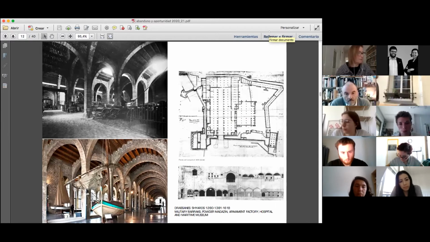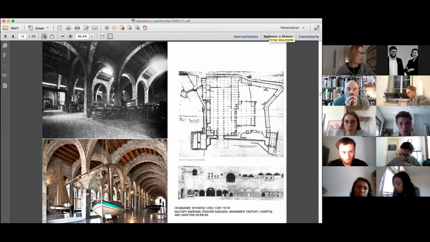One of them is the building of the Drassanes, the shipyards built in the 13th century that housed from the 17th century several military and hospital functions before becoming the Maritime Museum from 1936 to the present.